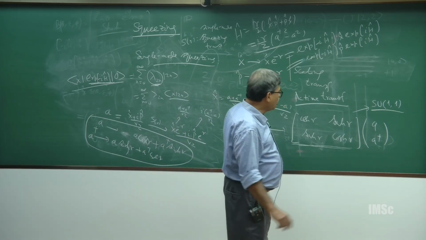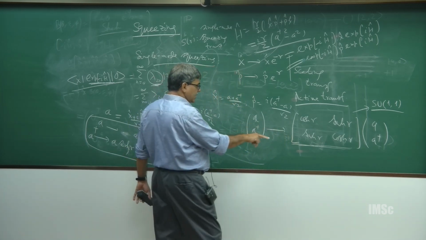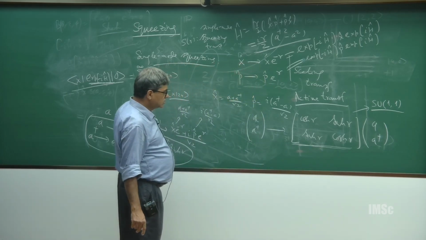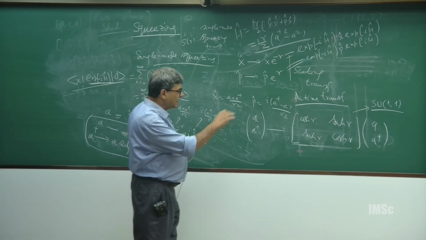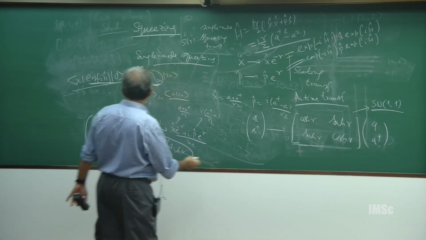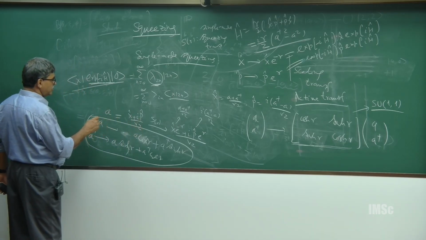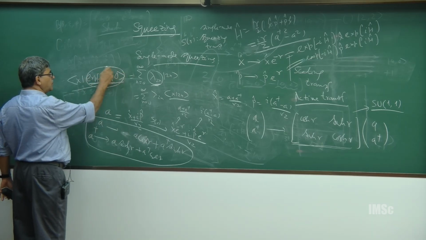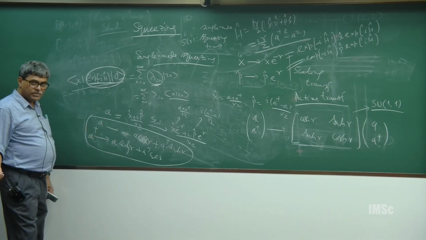So anyway, now the point is that this is single mode squeezing, and it has nice properties. Like if I look at the Wigner function of this single mode squeezed vacuum state, it will be Gaussian.